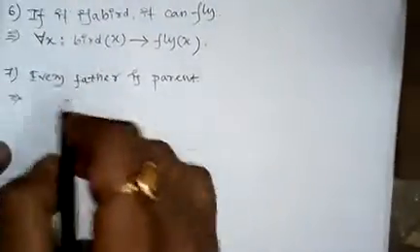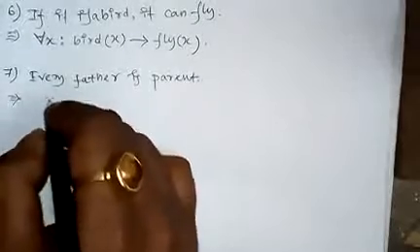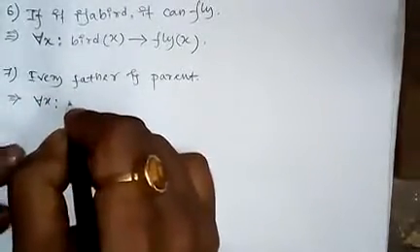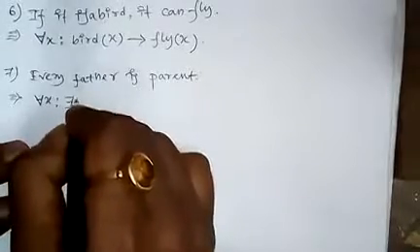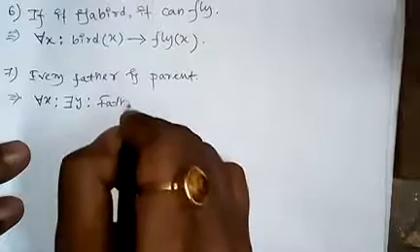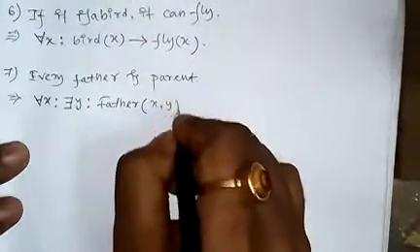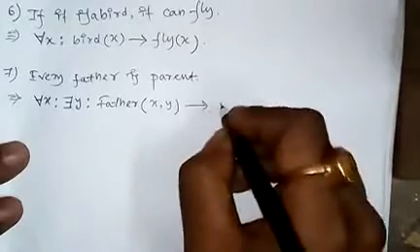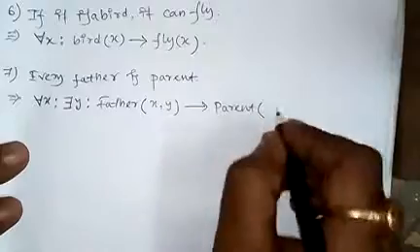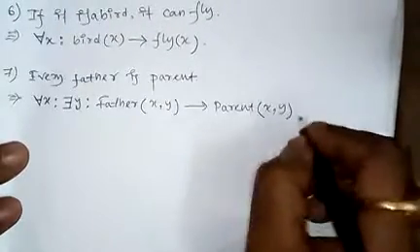The next example is: every father is a parent. So the predicate logic will be this. Let me explain.